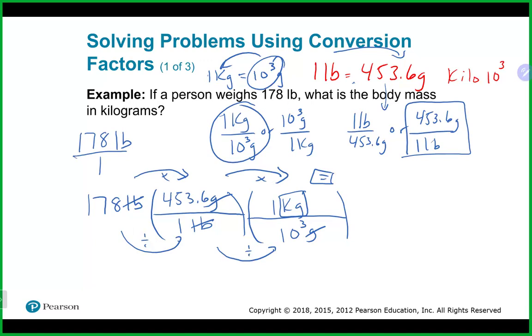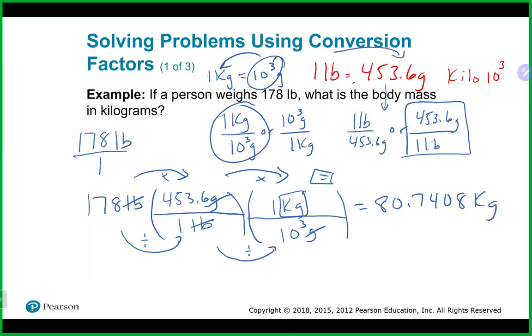So if I do all that, I'm going to go 178 point nothing, 178 no point, times 453.6. I'm going to hit equals. I'm going to divide it by basically 1 times 10 to the 3, or 1,000 basically. And we're going to do that and not put negative. There we go. And that's going to give me here on my calculator 80.7408 kilograms. First off, any questions on the setup here?